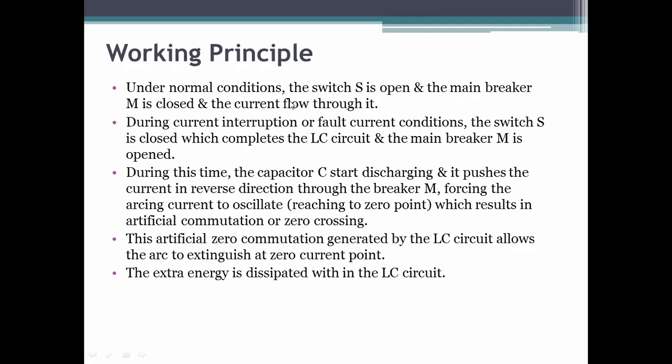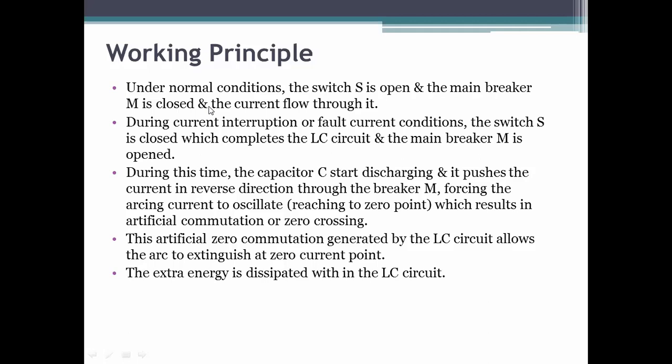Under normal conditions, the switch S is open and the main circuit breaker M is closed and the current flows through it. That means under normal working conditions, when there is no fault, this LC circuit is not connected. There will be only the main circuit breaker in the circuit.